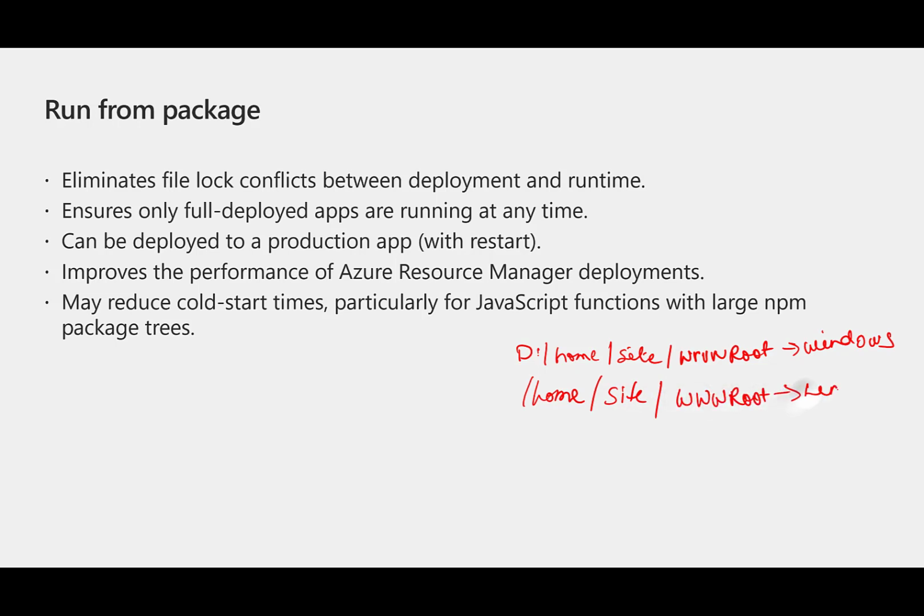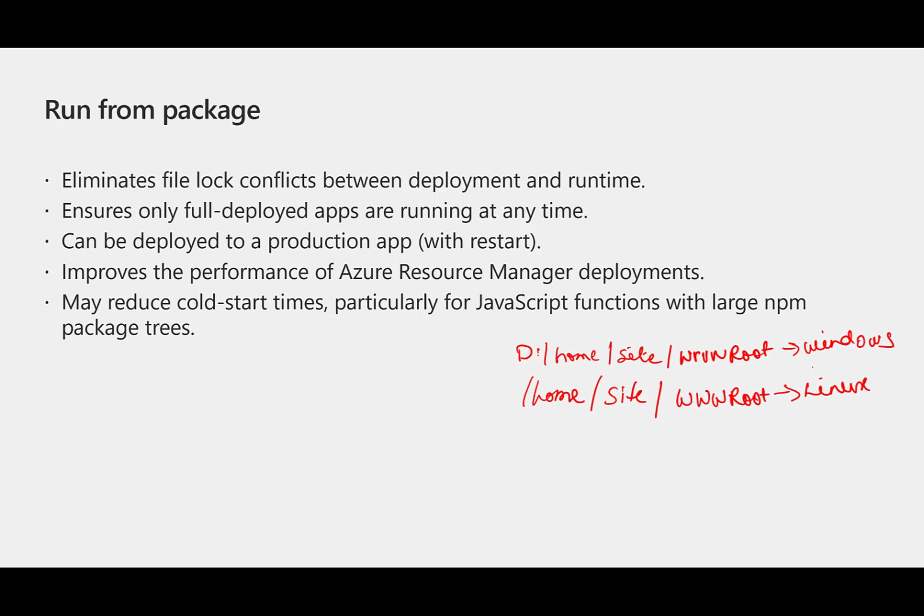Okay, so this is for Linux. Now, since the same directory is used by your app at runtime, it's possible for a deployment to fail because of a file lock conflict, and for the app to behave unpredictably because some of the files are not yet updated.